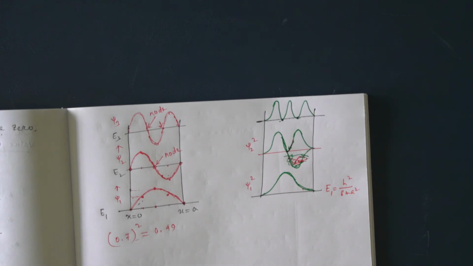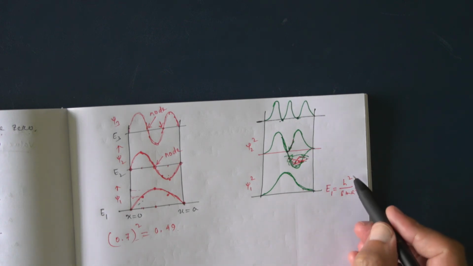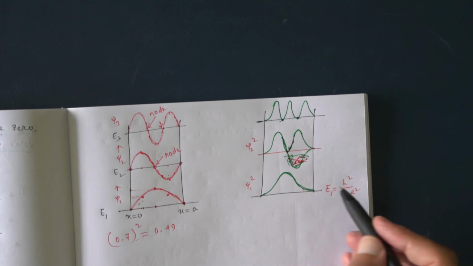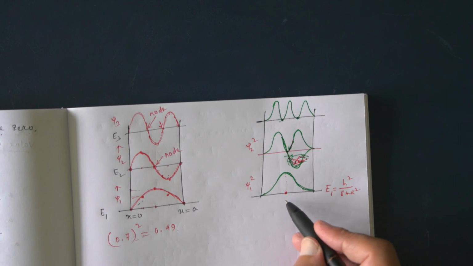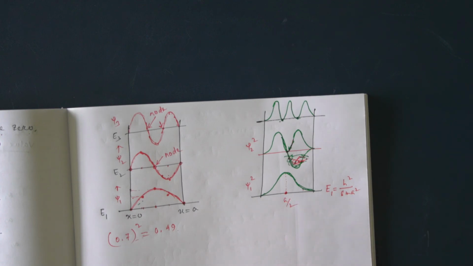When the particle is having the ground state energy, the maximum probability of finding the particle is at a by 2. To the edges, the probability decreases.